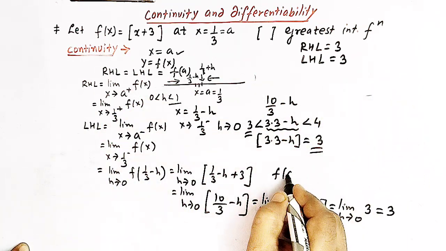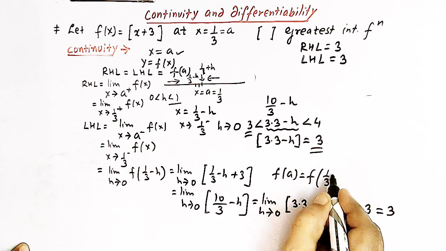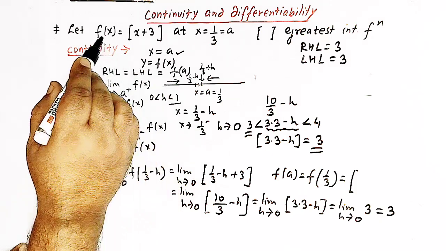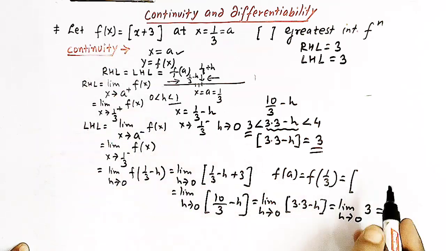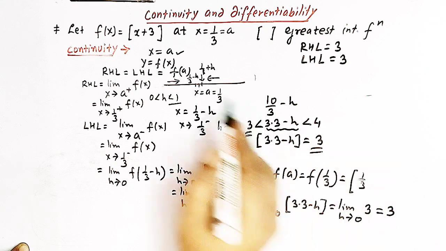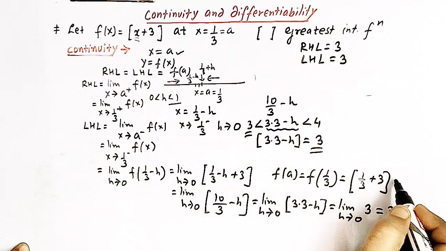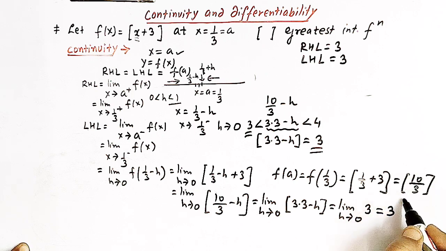So f of a is given by f of 1 over 3. So we have f of 1 over 3 can be obtained by replacing x by 1 over 3. So we have 1 over 3 here and plus 3. So this is greatest integer of 10 over 3, and this is greatest integer of 3.3, right?